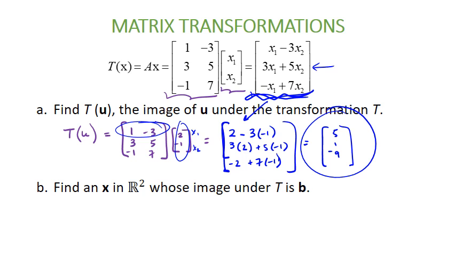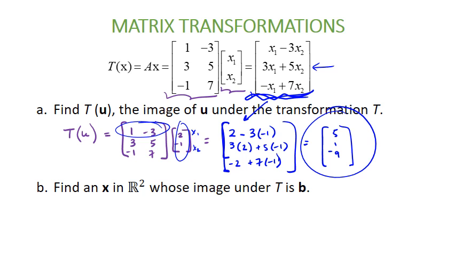Now part B says find an x in R2 whose image under T is b. There's kind of a lot going on here. So what we're going to do is first set this up, and we need to understand what exactly this is saying.